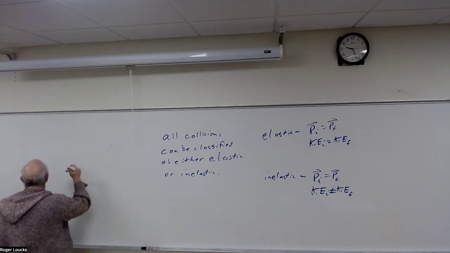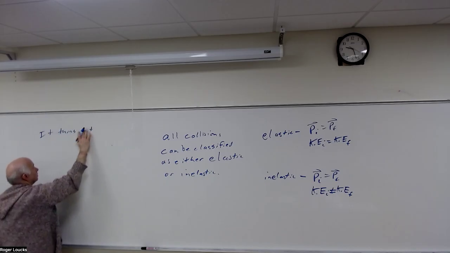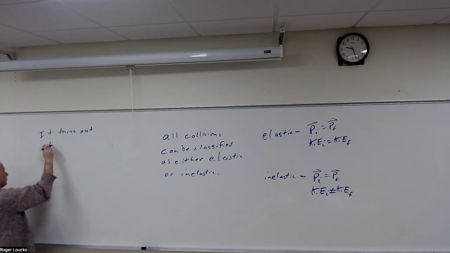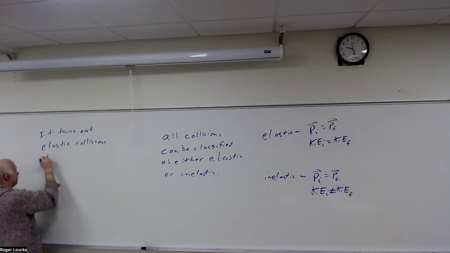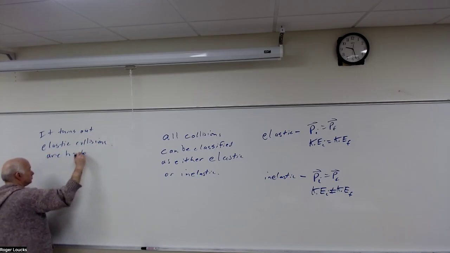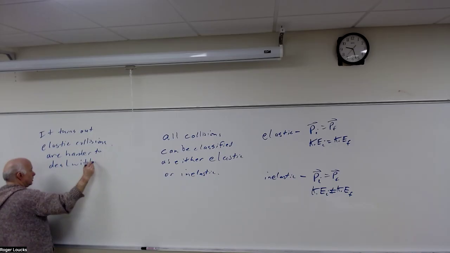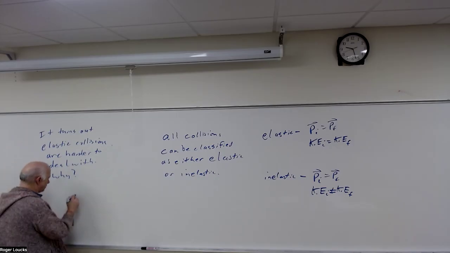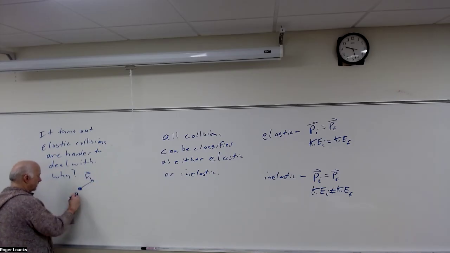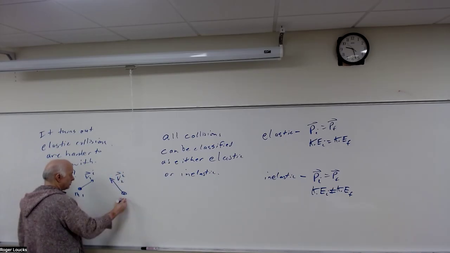So it turns out inelastic collisions are harder to deal with. Let's ask why. Okay, so I'll just make something here. Let's say here's an object like this. This is V1 initial, this is M1, this is V2 initial, this is M2.